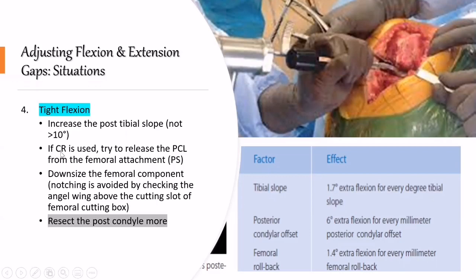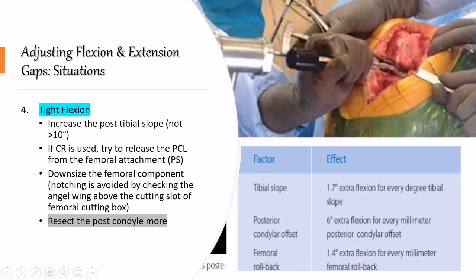Whenever you have a cruciate retaining, try to release the PCL and convert your implant into PS. And that's why we are suggesting that using the PS is better, because the flexion gap is larger. Downsizing the femoral component. Here you have to avoid notching.